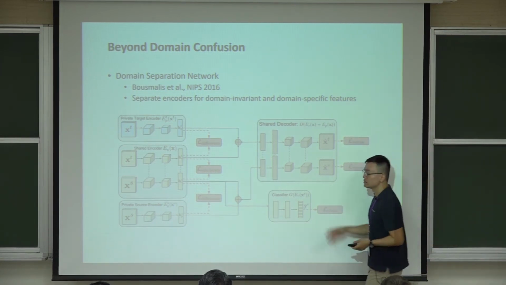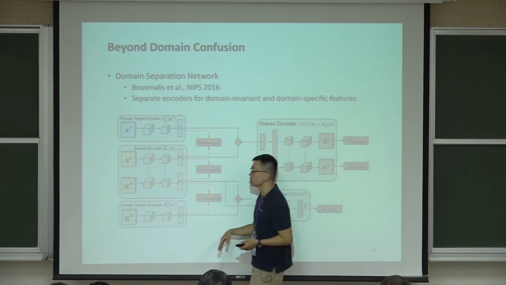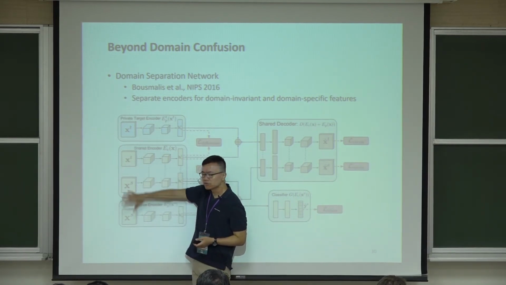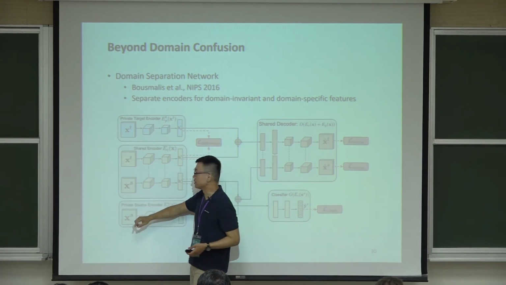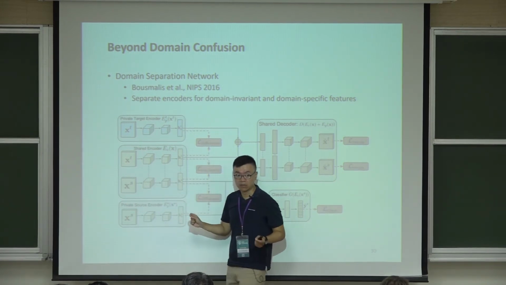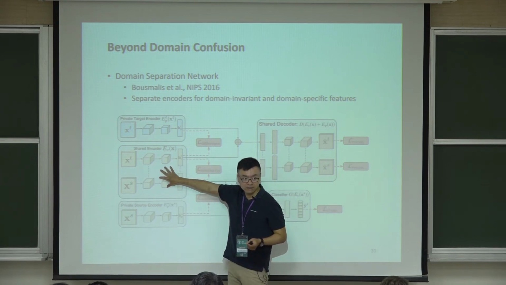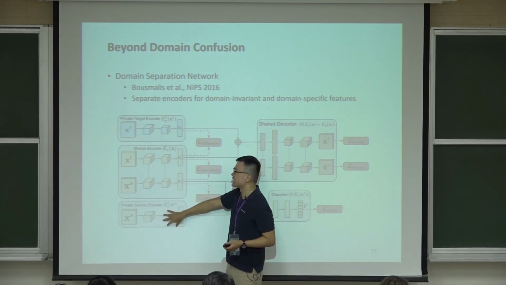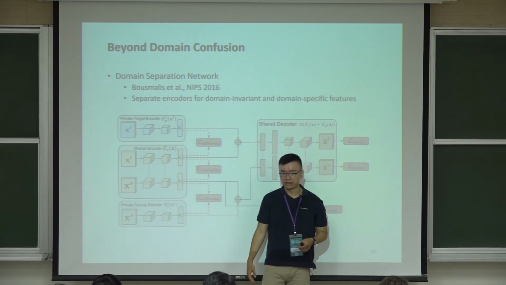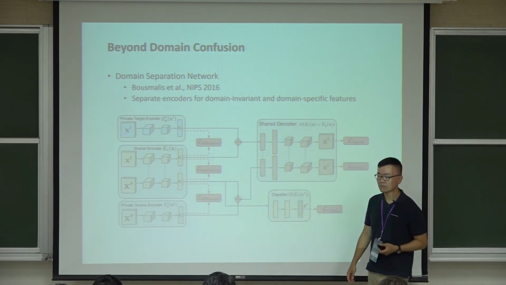And the reason why they design their model in this way is they need to deal with data of the same type, but whose properties are so different. That is why they need to design separate encoders to encode the commonly shared content, and also the irrelevant content in their private encoders.